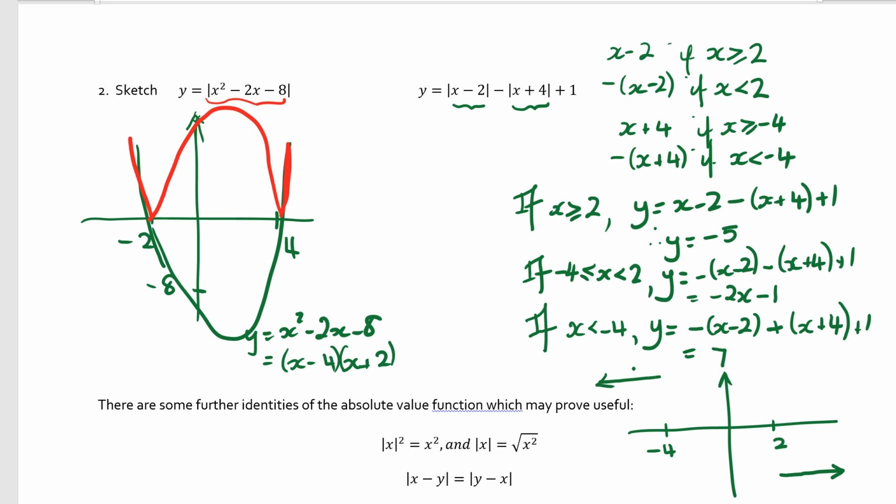And in between we want it to be minus 2x minus 1, which is a line which cuts through at minus 1 and has a slope of minus 2. Pretend that that's a straight line there, so it looks something like that.